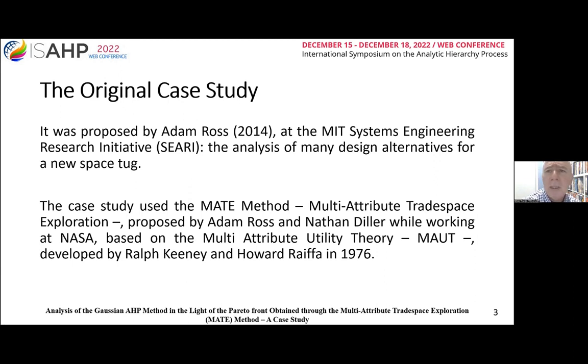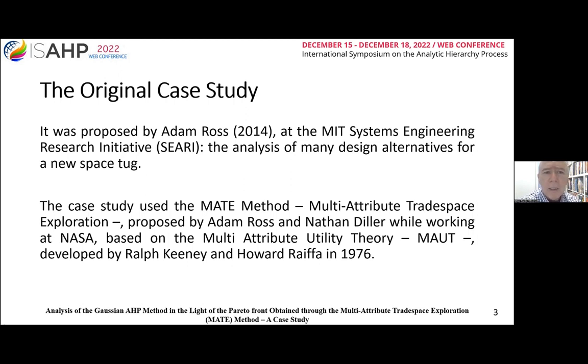A space tug is a type of space equipment used for modifying parameters of another space equipment, like a satellite, for example. If you want to increase or decrease the orbit of a satellite, one of the methods that you can use is a space tug.